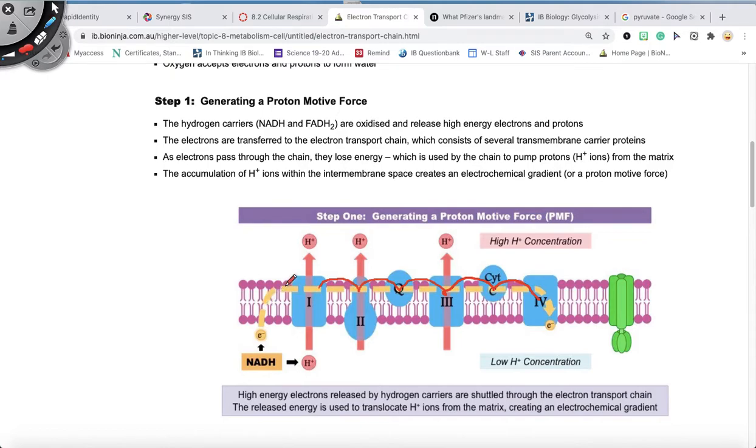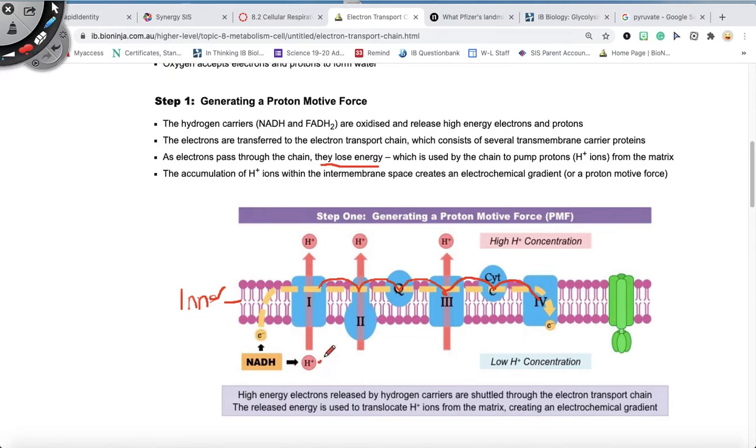So when these electrons jump from one protein that's embedded in the inner mitochondrial membrane to another, they lose energy, okay? So these are high energy electrons, right? But when they're transferred from one protein to the other, they lose energy. Now, that energy is not just going to dissipate. That energy is going to be put into good use.